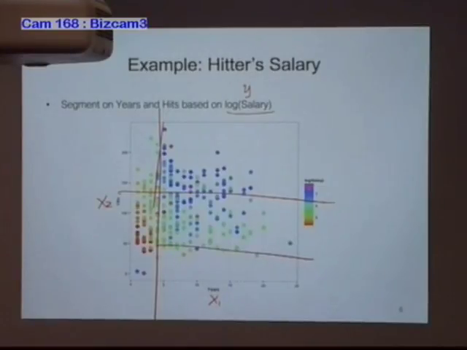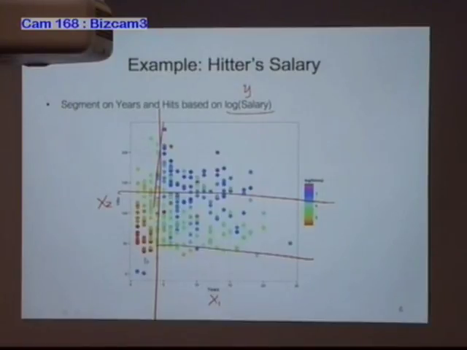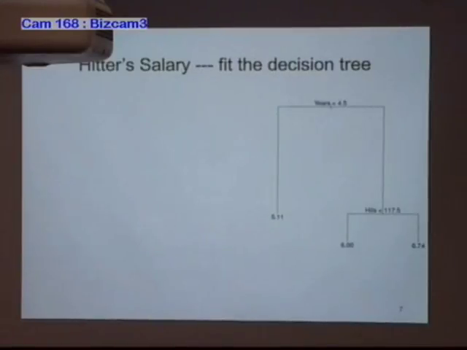Every time you separate the points, you separate them based on one of the X. Like the first one I plotted is separating people based on their X1, whether X1 is large or small. Small goes to one side, large goes to the other side. Then I split for some further things. So that's basically the idea of this tree.